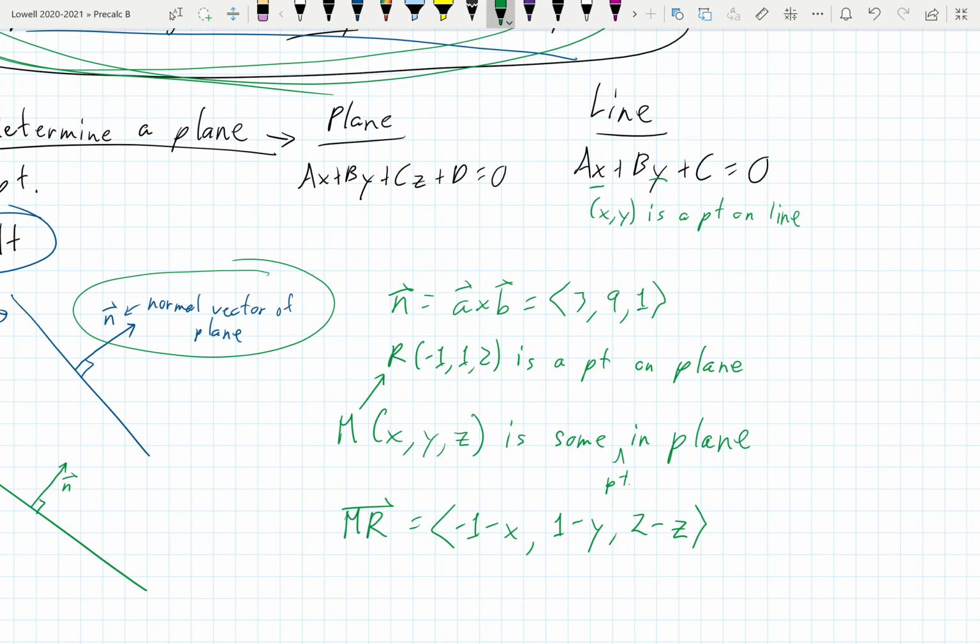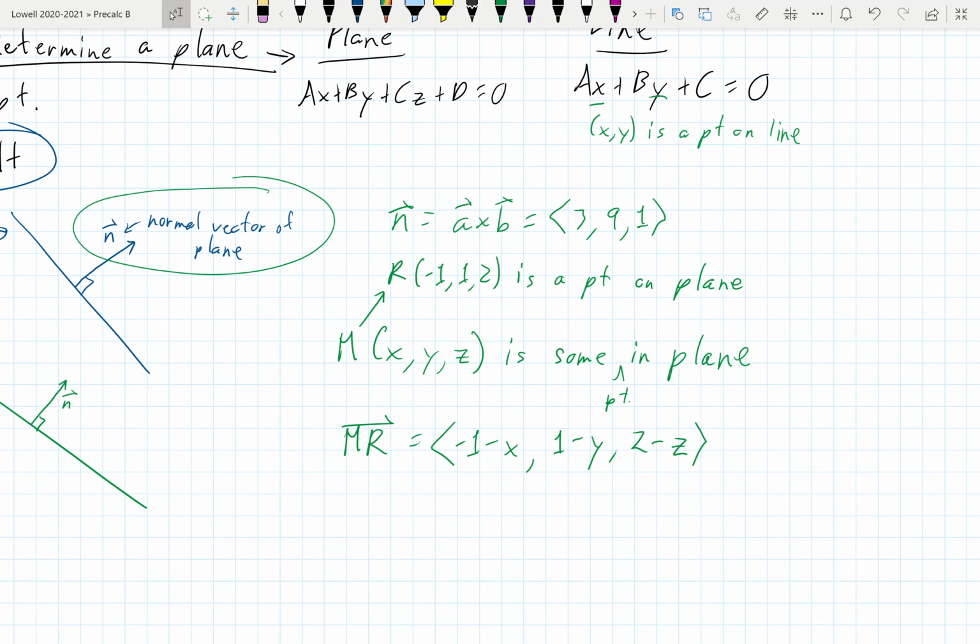Remember, we're trying to ensure that no matter what x, y, and z are, if the point M, which is (x, y, z), is in the plane, that means that this vector n and the vector MR have to be perpendicular.